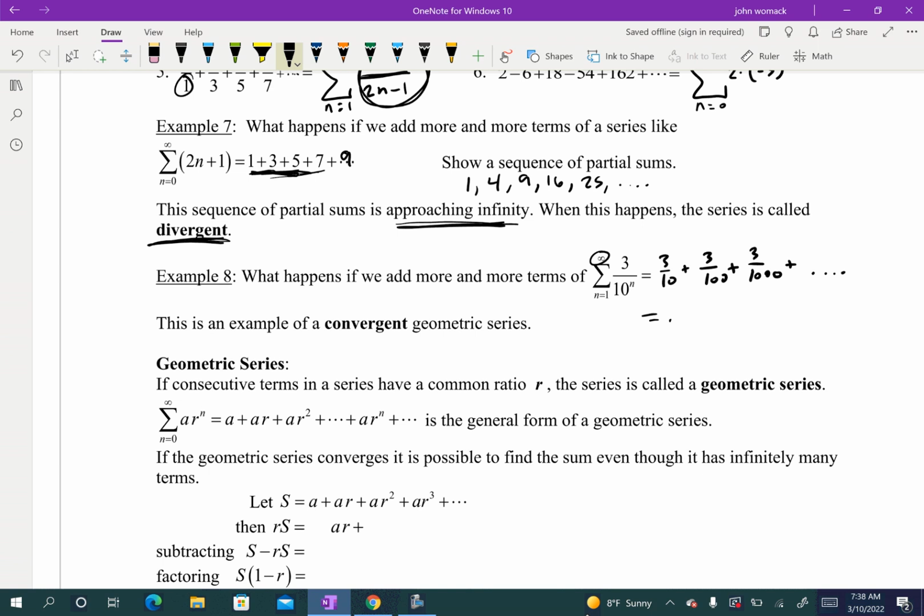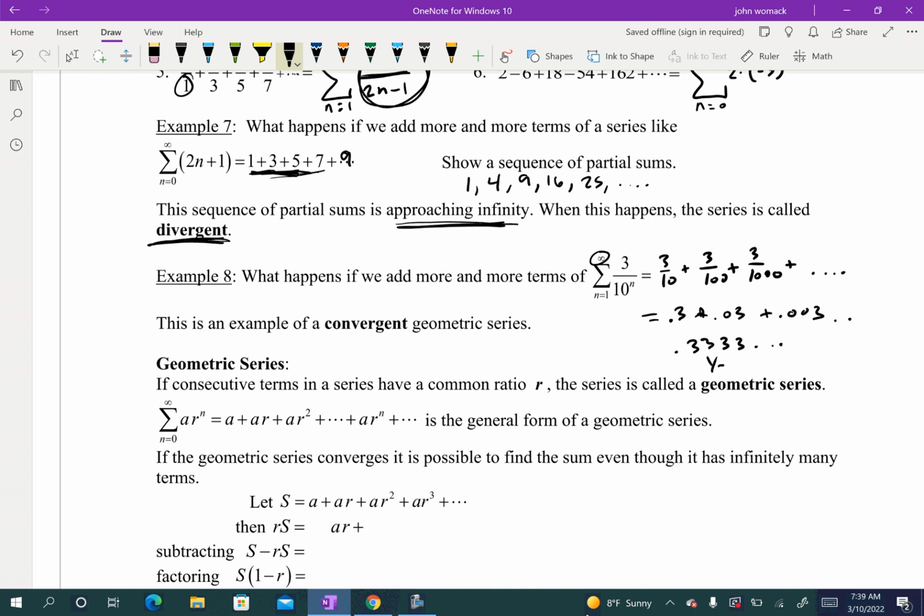3/10 is 0.3. If I add that to 3/100, that's 0.03. And 3/1000 is 0.003. As I add this up, I'm really just going to come out to 0.3333... That's what's going to happen as I keep going out. Well, that's really just equal to what?